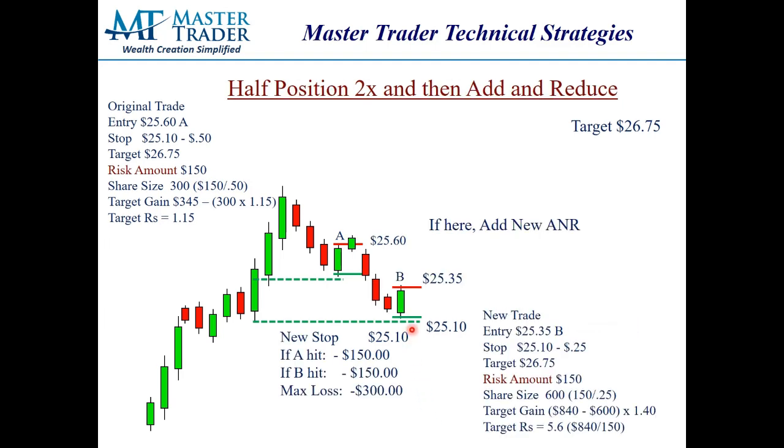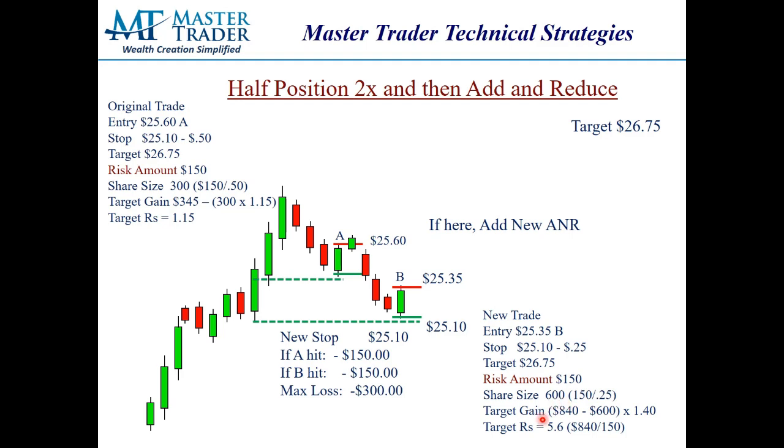Here's the move down there, and we get our reversal in our area of major support. And here's our entry, 25.35. Our stop is 25.10. We've got a 25-cent stop loss. And we've still got the target of 26.75. And we're going to risk another $150 when we add here, right? Based on the 25-cent stop loss, with a $150 risk, we're going to be able to add 600 shares.